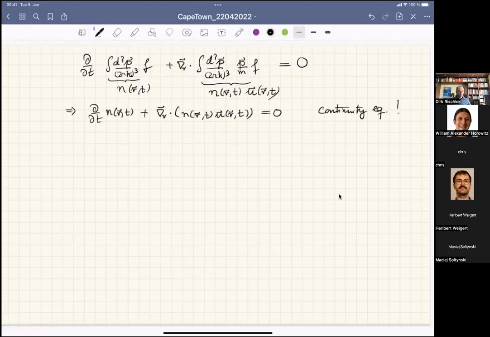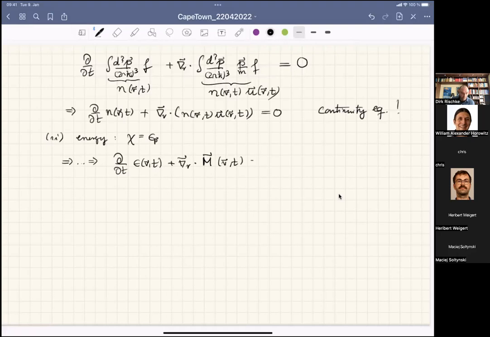Okay, and if you do the same manipulations for... now I'm going really quick, but you can now complete it yourself. You take chi equal to the single particle energy. At the end of the day, the same steps give you d by dt of the energy density plus the spatial gradient of a quantity which I call the momentum or energy flux density.